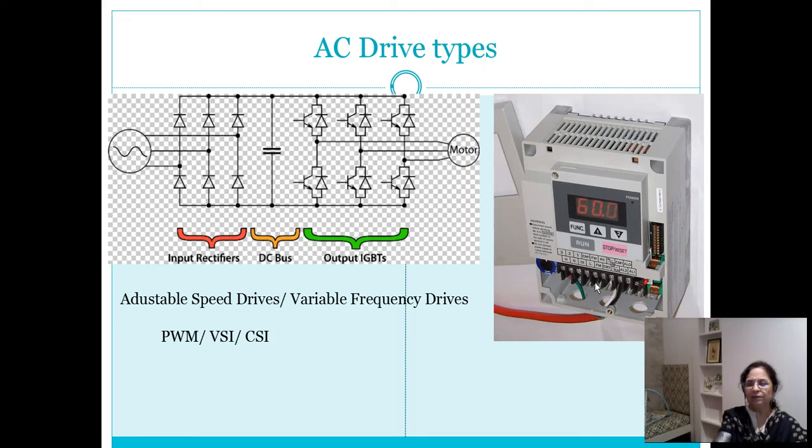You can see the run and stop buttons, and you have a function key. By pressing this function key, we can enter some parameters in this AC drive. So parameterization of the AC drive is generally done using these keys, and then the AC drive is ready for operating the connected motor.